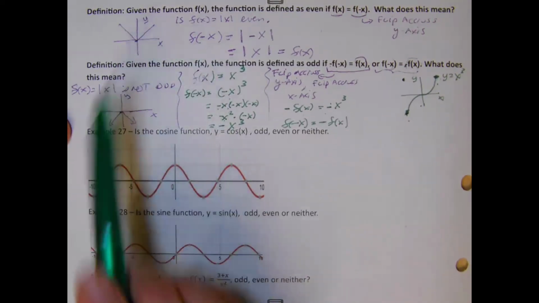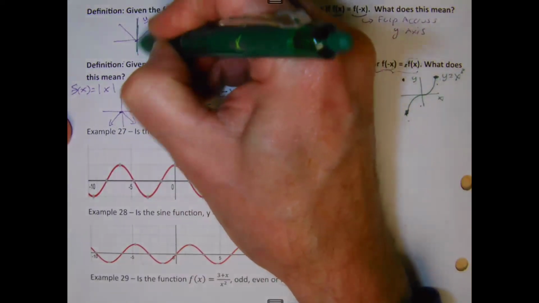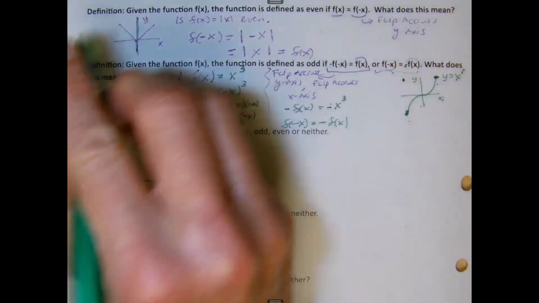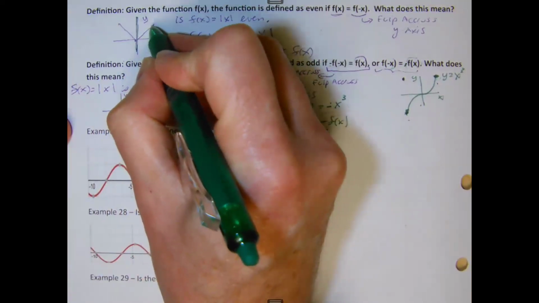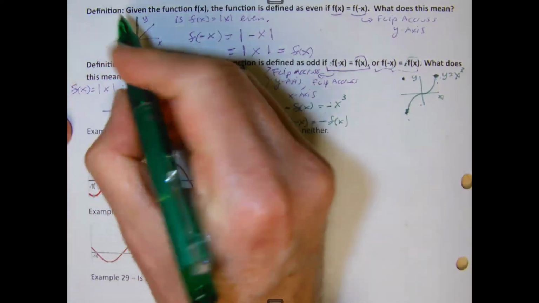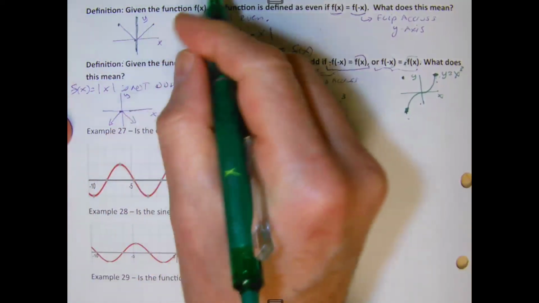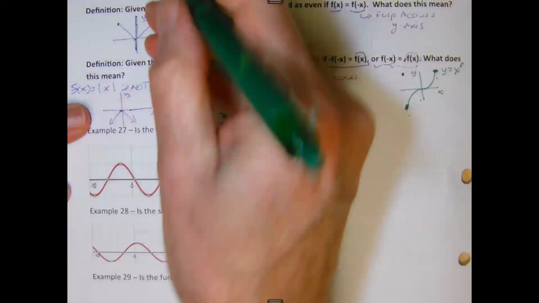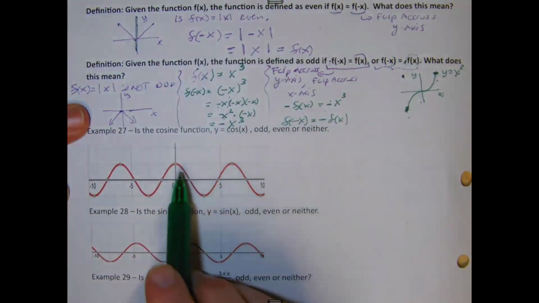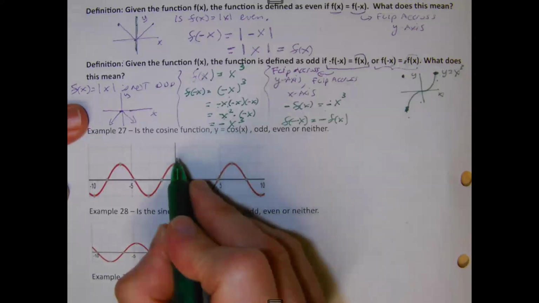If it's even, it seems to reflect across the y-axis. In other words, it's like a mirror image, like this point's looking over here and seeing its reflection over there. If I were able to fold this piece of paper, this point would just land on that point. And I'm looking at here and I go, wait a minute, there is sort of a mirror.